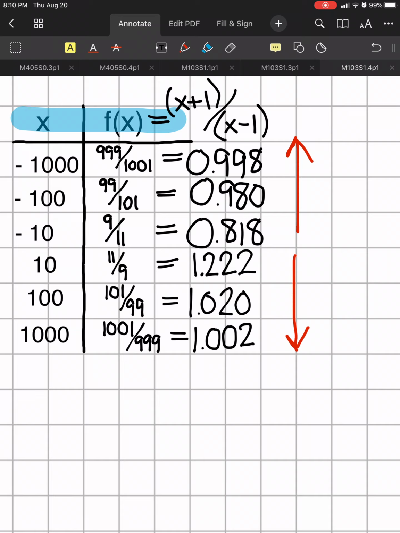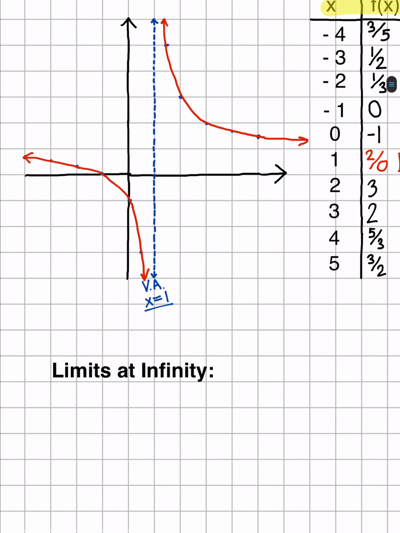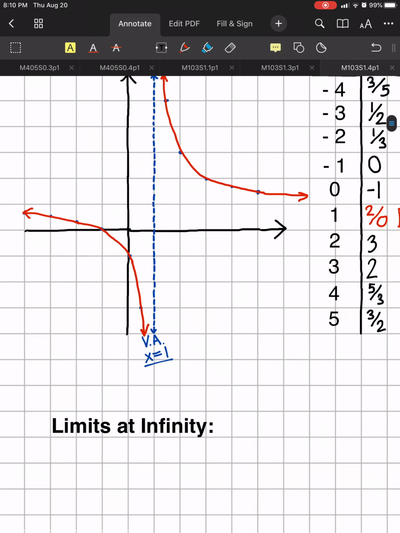What those values are is, you'll notice from both sides here, and we can even go further and see this in even more detail, but both of these directions look like we're closing in on 1. And if we look at our graph over here, it does indeed look like we're getting closer to 1 as we go out in either direction.